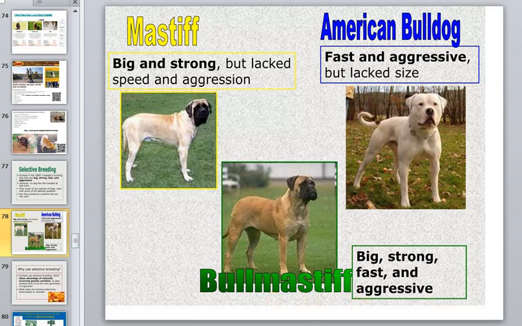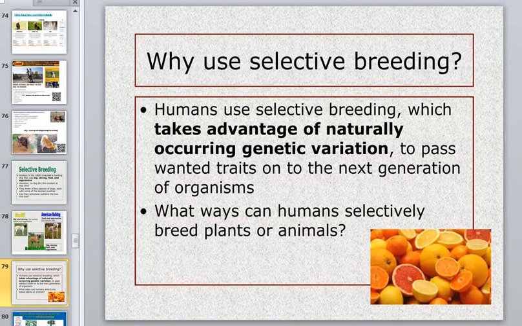As you noticed, most breeds have a history of 200 years, like this Bull Mastiff, for example. But that's not all. At first glance everything seemed simple, but it's not. Why use selective breeding? Humans use selective breeding, which takes advantage of naturally occurring genetic variation to pass wanted traits to the next generation of organisms.